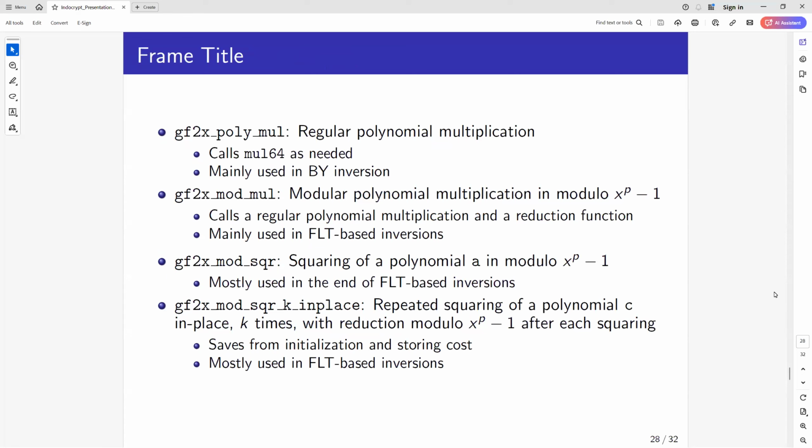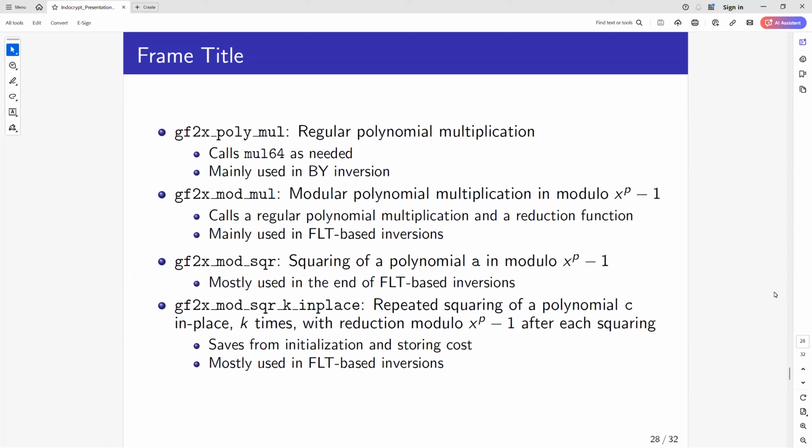Modular multiplication happens in FLT-based inversions, so the FLT-based inversion algorithm calls this GF2x mod mul function, and similarly GF2x mod squaring. There is no squaring in the BY algorithm, so GF2x mod squaring is only needed for the FLT-based inversion.